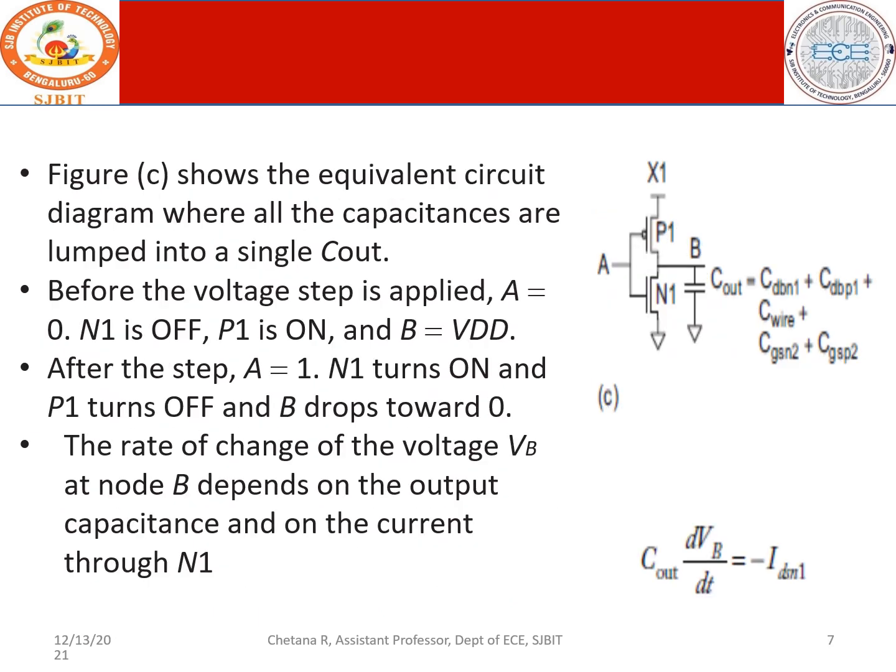Next we have a simplified and equivalent circuit. Figure C shows the equivalent circuit diagram where all the capacitances are lumped into a single Cout. So all have been considered as a single capacitance. Therefore, you have to add the diffusion capacitances: one drain capacitance of PMOS, one source capacitance of PMOS, one source capacitance of NMOS, and one drain capacitance of NMOS.